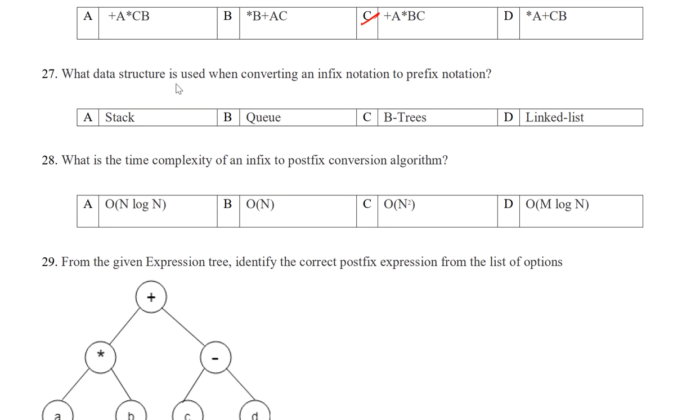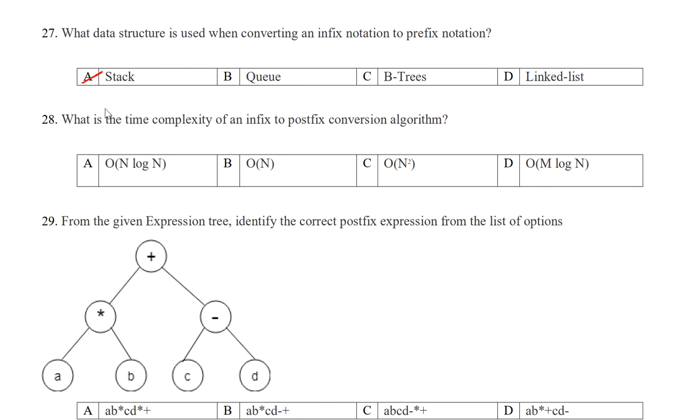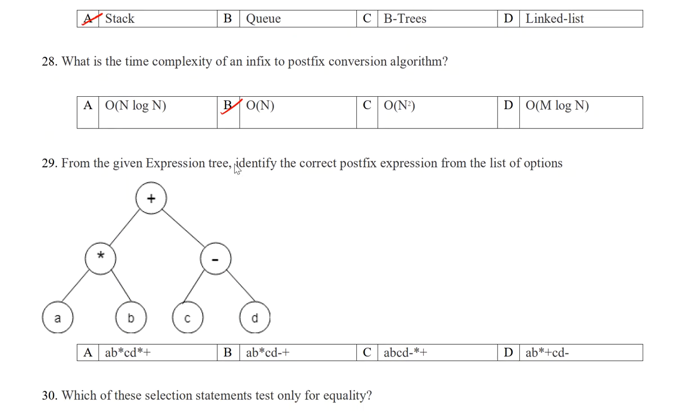What data structure is used when converting an infix notation to prefix notation? It is a stack. Okay. Next one, 28th question here. What is the time complexity of an infix to prefix conversion algorithm? It is O of n. B is the right answer here.